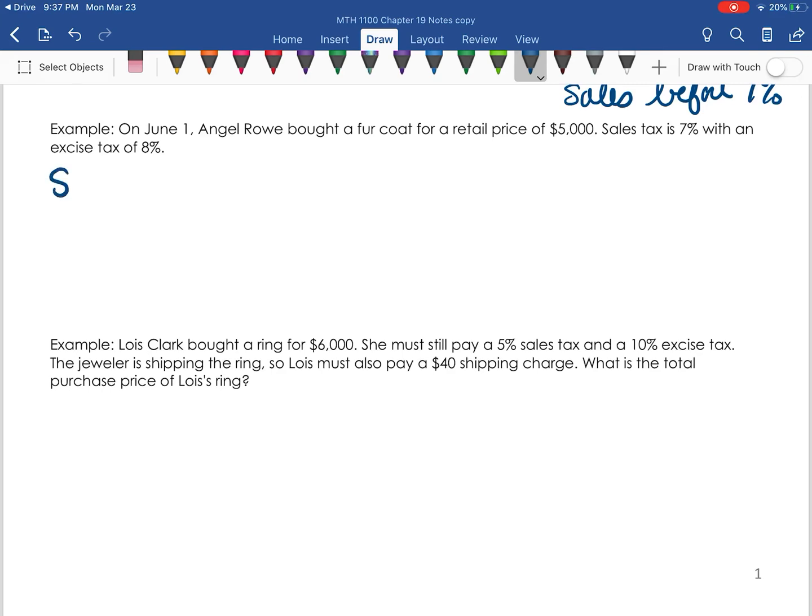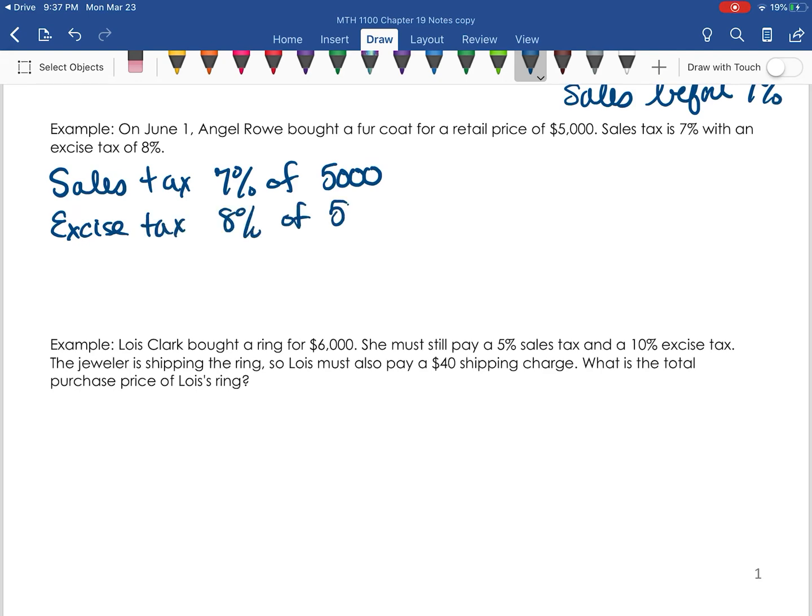So for the sales tax, we need to find 7% of 5,000. And for the excise tax, we need to find 8% of 5,000. We're going to just multiply by the appropriate decimal value. So 7% of 5,000 would be 0.07 times 5,000. That would be $350, and that will be our sales tax.